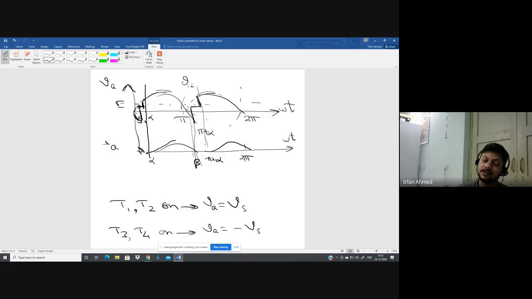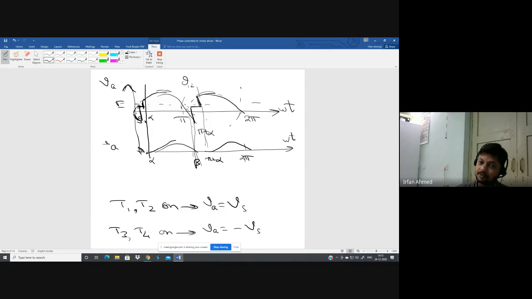If you use a 6-pulse rectifier, that means 3-phase fully controlled converter, then the ripple frequency will be 6 times the supply frequency. So as you go on increasing the pulse number of the rectifier, filtering out the ripples goes on becoming easier and easier.